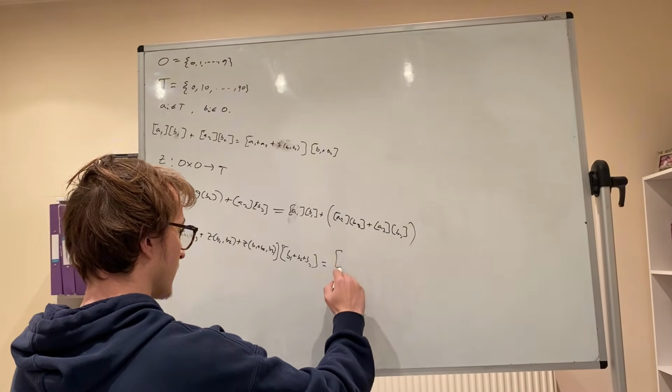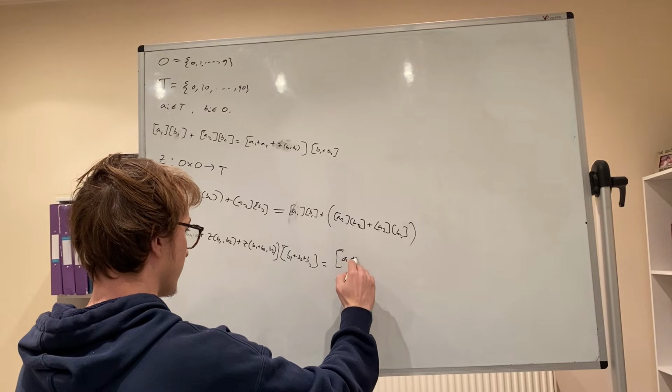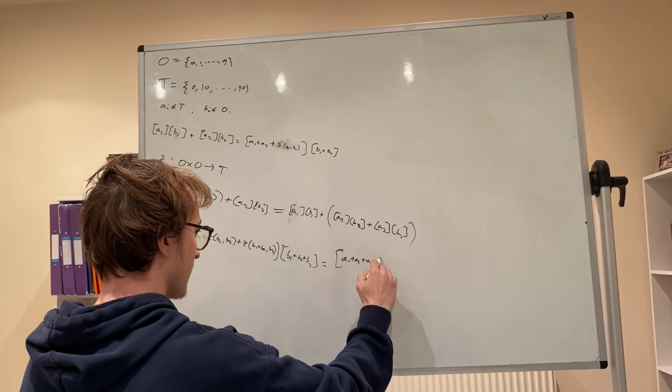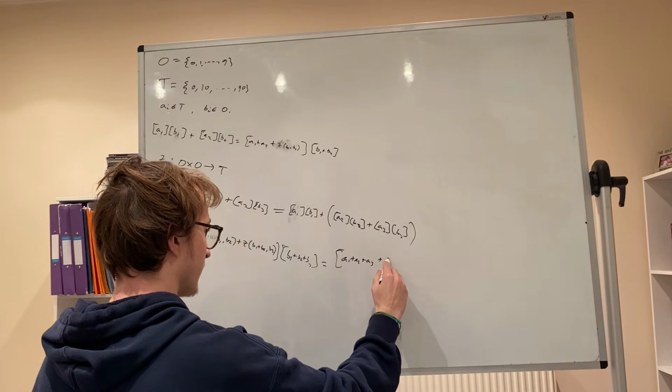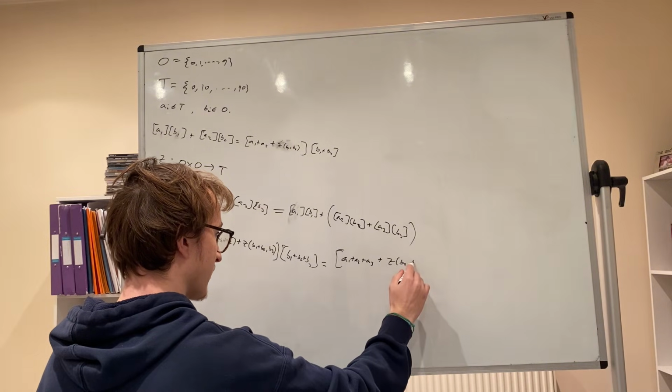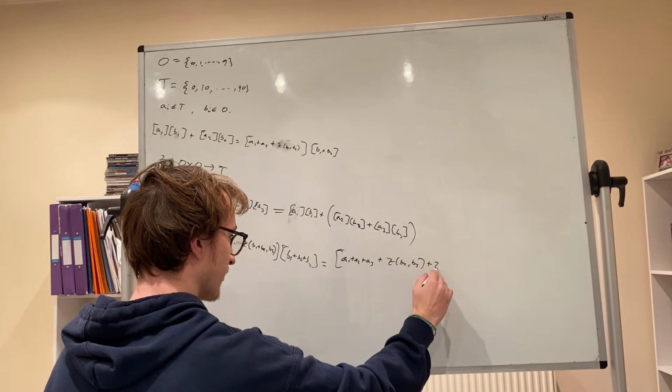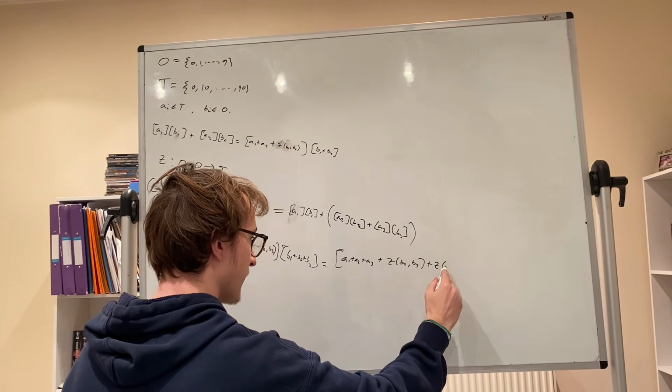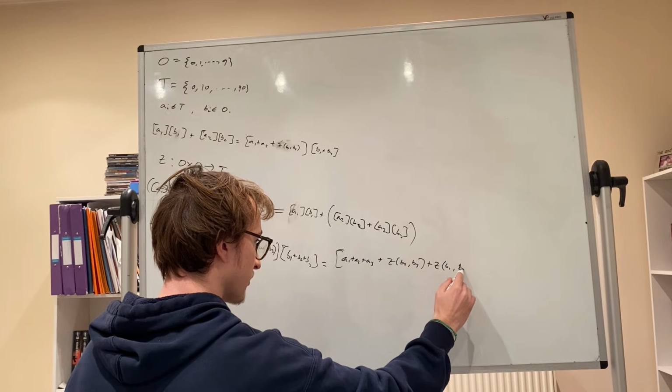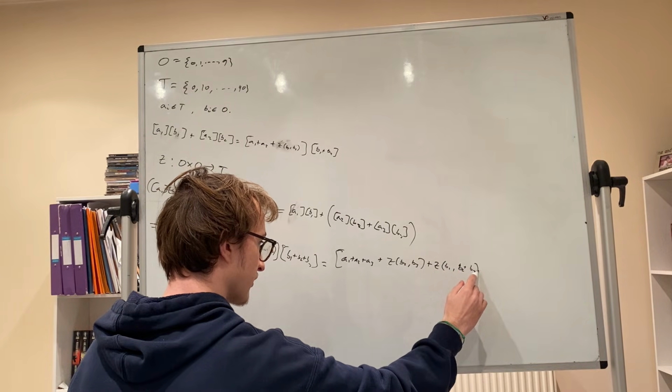Well, we get A1 plus A2 plus A3 again, but this time we get Z of B2, B3 first, plus Z of B1, B2 plus B3, like so.